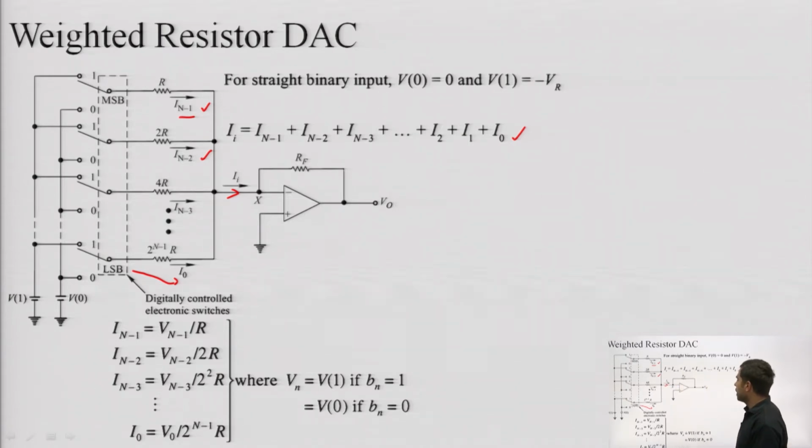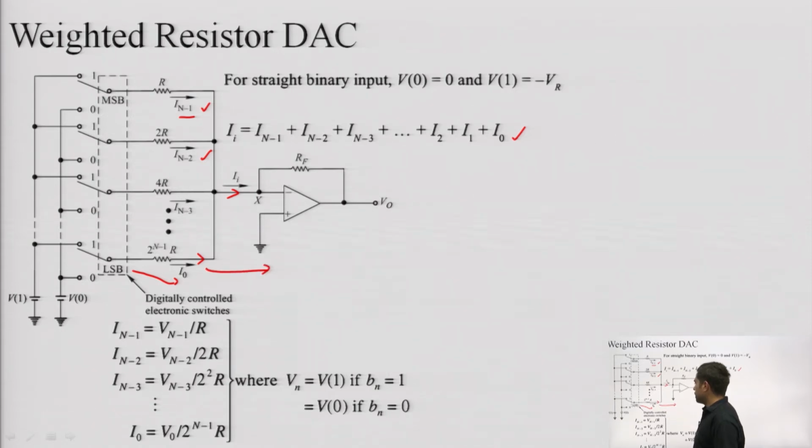The individual values: I naught will be equal to the applied voltage V naught divided by 2 raised to power n minus 1 times R. Similarly, I n minus 1 will be equal to V n minus 1 divided by the branch resistance, which is R. Similarly, we can calculate for the other resistances as well.